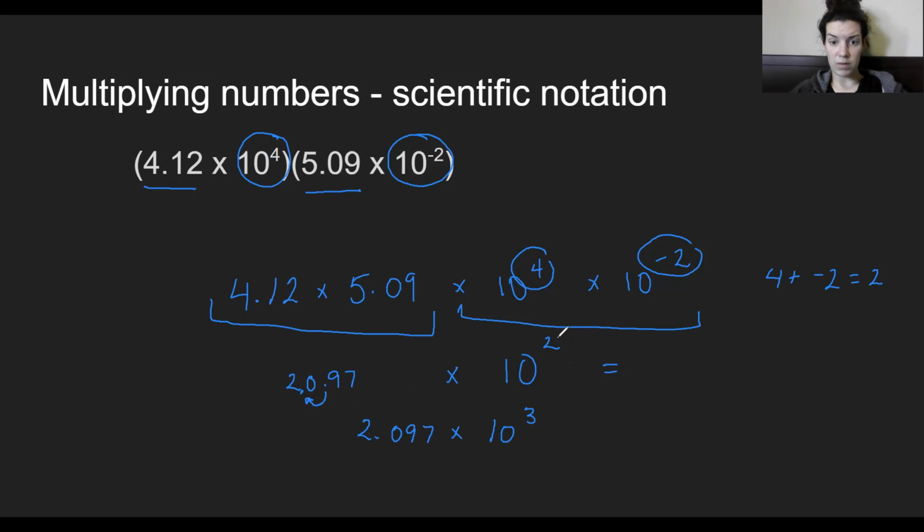So 20.97 times 10 squared, right? 1, 2, that'll get me this. This is the whole number. And then rewrite it. 1, 2, 3. Yep, that works. So this is how I multiply scientific notation numbers. I literally multiply my coefficients, and then I multiply the bases.